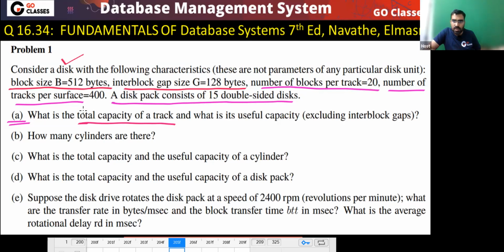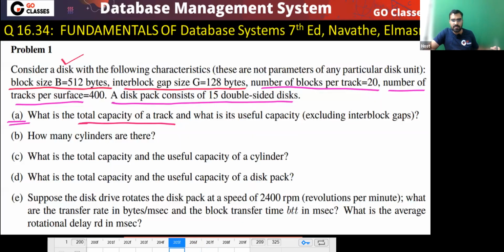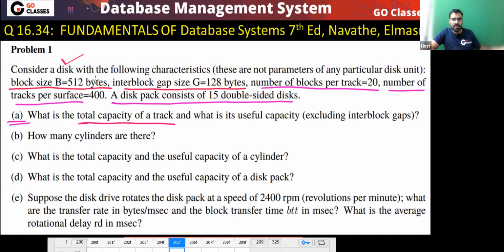So track capacity will be what? There are a total of 20 blocks. You will multiply this with what? There are 20 blocks, right? In terms of blocks, there are 20 blocks multiplied by the total track size, which will be 512 bytes, plus there is a 128 bytes gap.